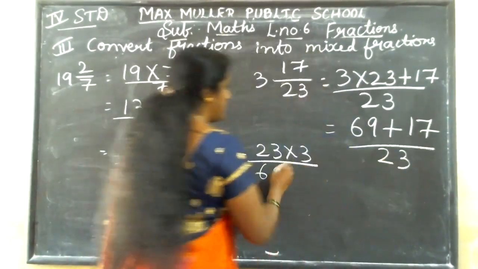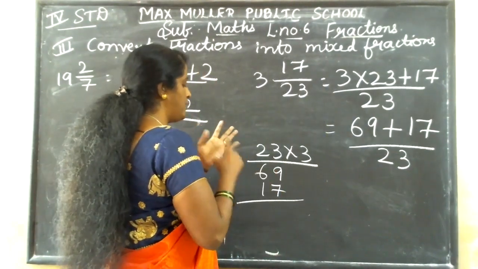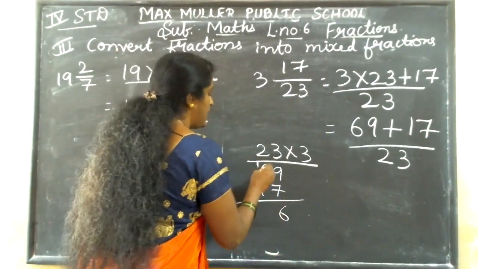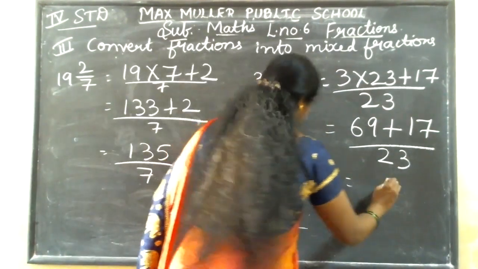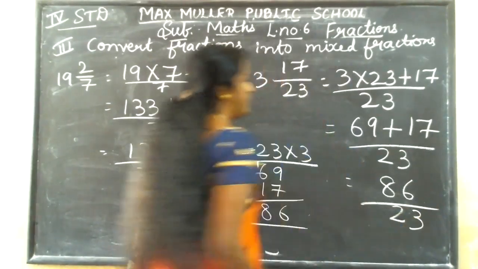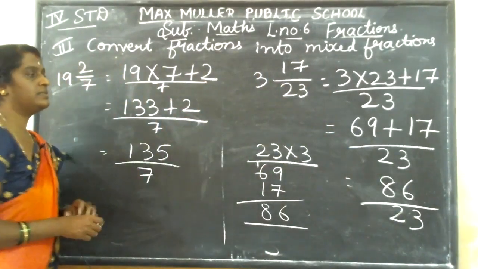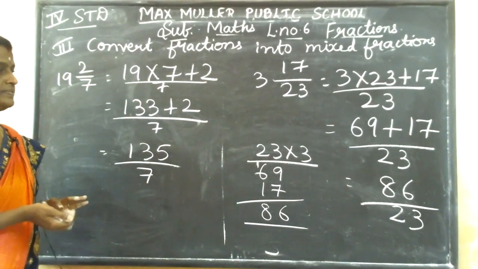The denominator will be the same. 69 plus 17: 9, 10, 11, 12, 13, 14, 15, 16, 1 carry. 6 plus 1, 7, so 8. So here it is 86 by 23. Let's copy down this, children.